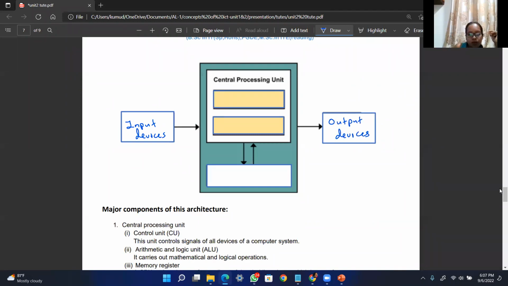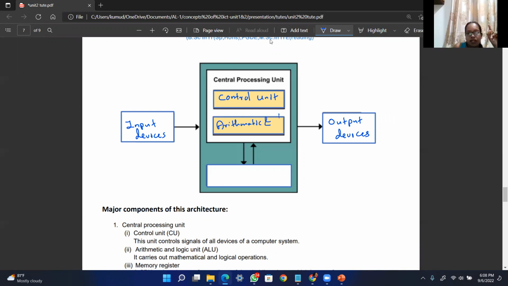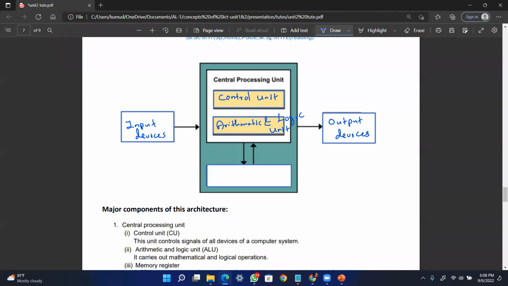Inside the CPU, only 2 parts have been mentioned there. The 2 main parts you have to put here. What is the first part? Control unit. Next one, arithmetic and logic unit, or the ALU. Make it a CU. This is ALU, and what is this part? Registers.